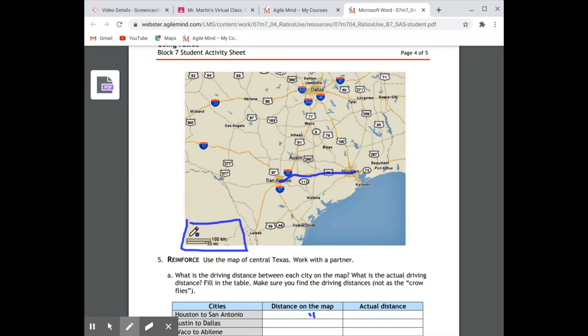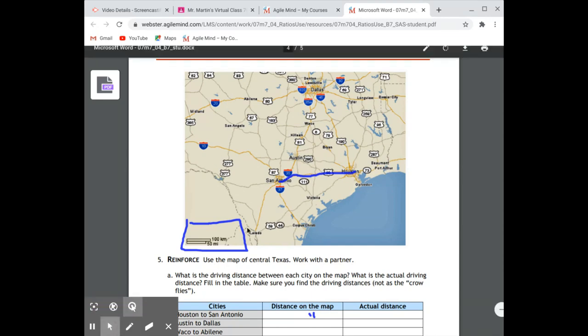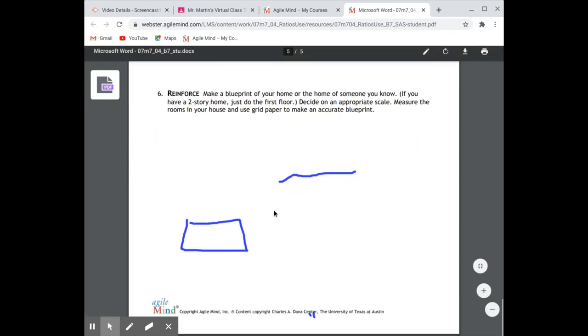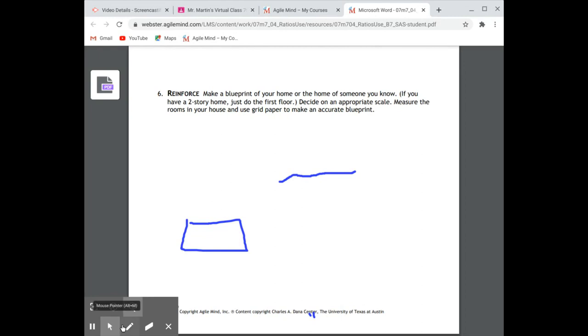All right, so in closing to our class today, what if we wanted to make a scale drawing of our classroom, like on a piece of paper? My classroom is about 30 feet by 35 feet. All right, since it's 30 feet by 35 feet, what could we do to do that?